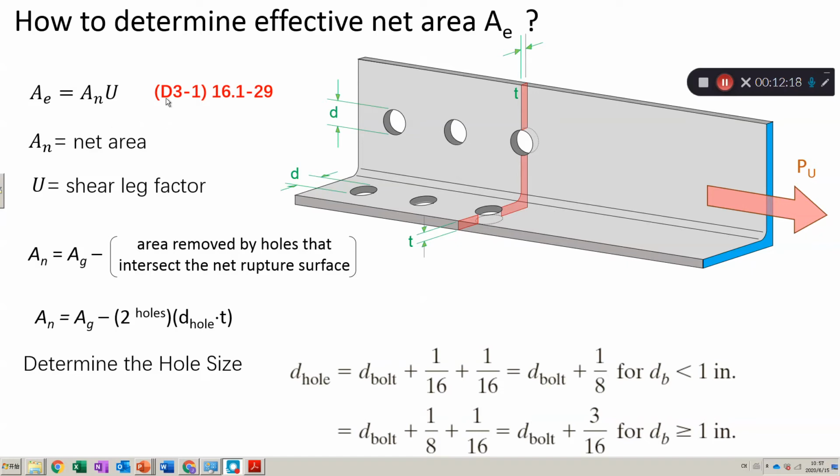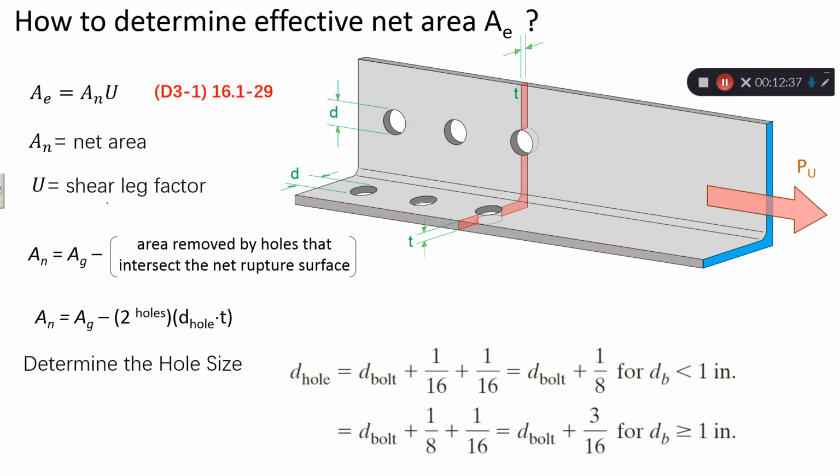Well, in the manual, page 16.1-29, equation D3-1 gives you the equation of the effective net area Ae. So Ae equals An times U, where An is the net area and U is defined as the shear lag factor. We'll leave the shear lag factor U for a few minutes. I'm going to talk about it in a few minutes.